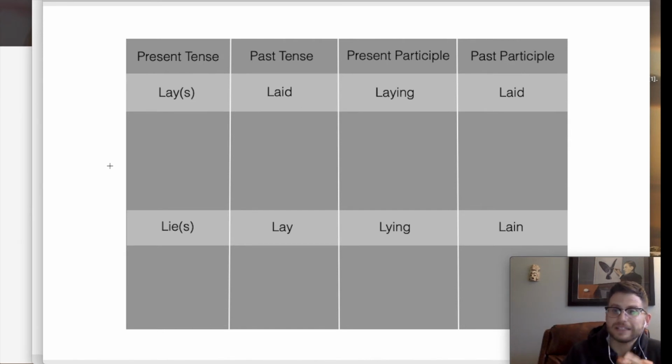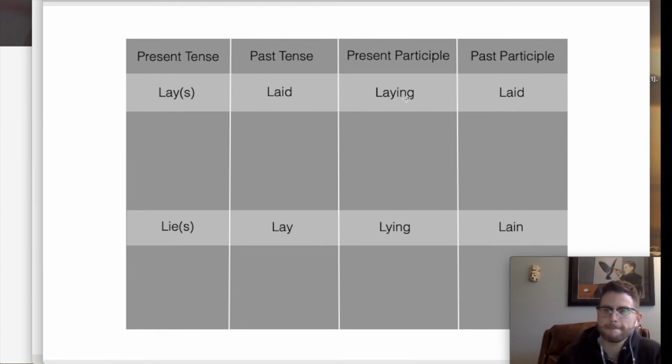He was laying the books on the table. They were laying the books on the table. He or she is laying the books on the table. Same thing, but when I'm using lay as the present participle form, I'm using laying.